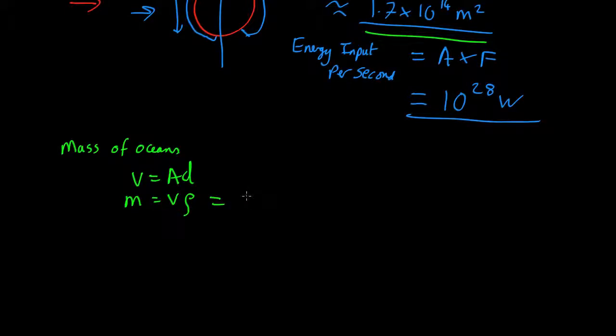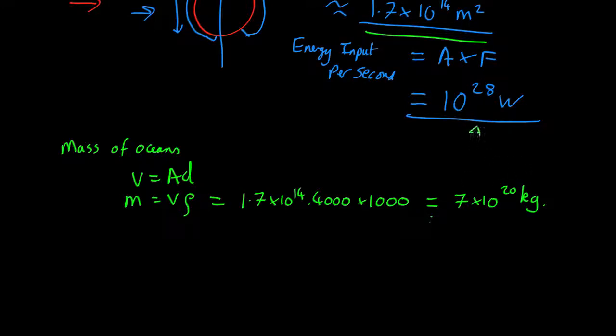So the mass is the area, 1.7 by 10 to the 14 meters squared, times the depth, 4,000 meters roughly. Of course, some bits of the ocean are deeper, some are shallower, but that's a reasonable average, times the density, which comes out as about 7 by 10 to the 20 kilograms.